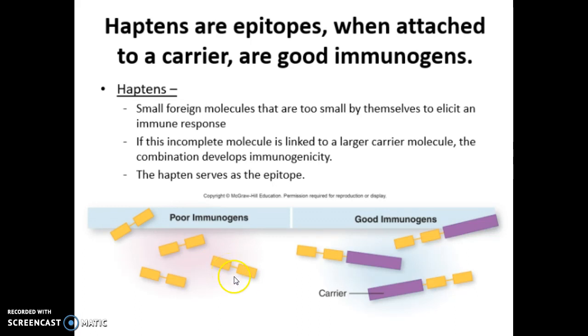However, if you take this poor immunogen and attach it to a carrier molecule, then this entire complex is a good immunogen and can elicit an immune response to the yellow portion here, even though if the yellow portion was by itself, it wouldn't induce the immune response. So the hapten itself is what the immune system responds to, but it does so after the carrier is attached to it. And this is good for vaccine purposes.